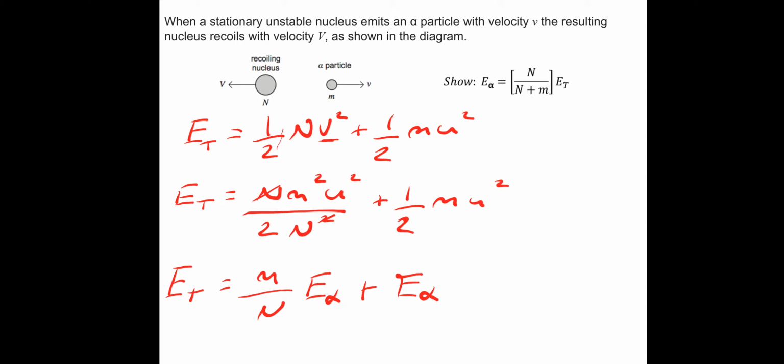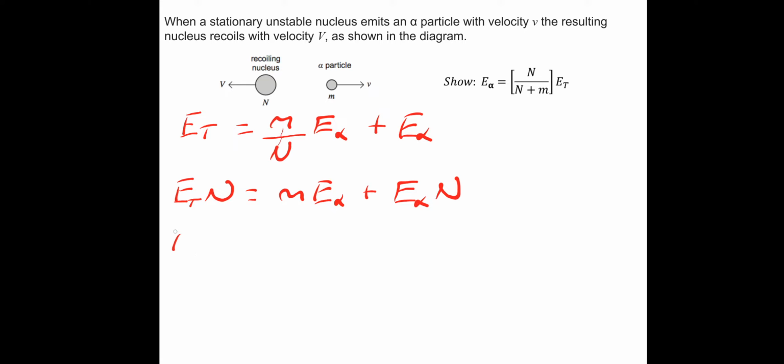So total energy times n equals m E alpha plus E alpha n. Then we can just factorise on the right hand side. So we get total energy times n is equal to, pull the kinetic energy of the alpha out, bracket m plus n. Then we just need to rearrange for E alpha.